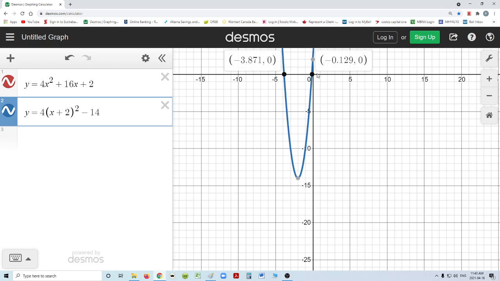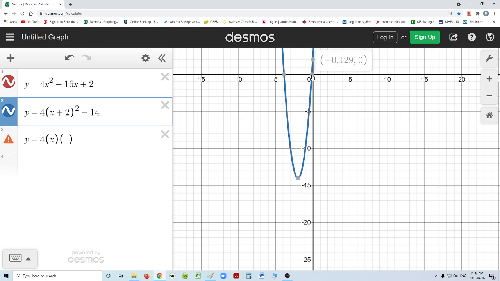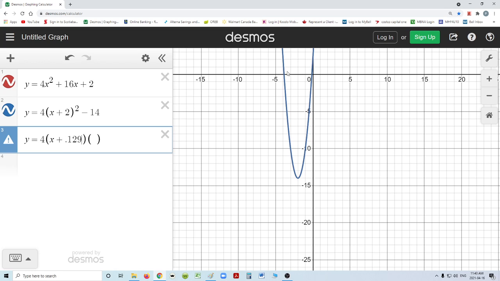So it's not clean. It's never that clean when the vertex is clean. But you could probably guesstimate, and do x as one of them, because, oh, no, it doesn't go through 0. So it'll be x plus 0.129, and it won't be accurate because Desmos rounds.